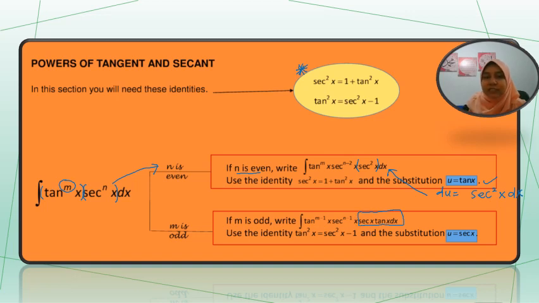You have to modify this function so that we get the function in terms of secant x tangent x if m is an odd number. You then use the trigonometric identity, tangent square x equal to secant square x minus 1. Then we substitute u equal to secant x.